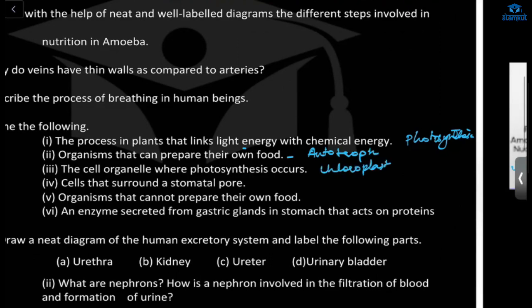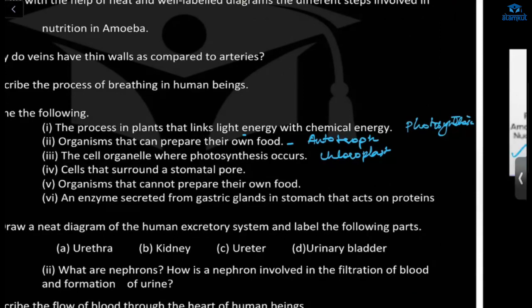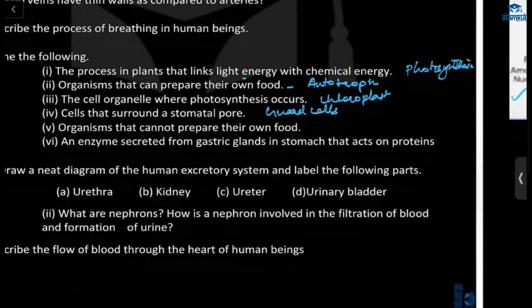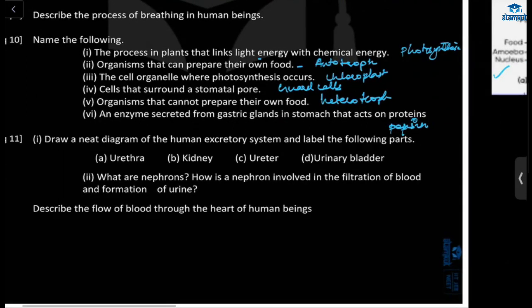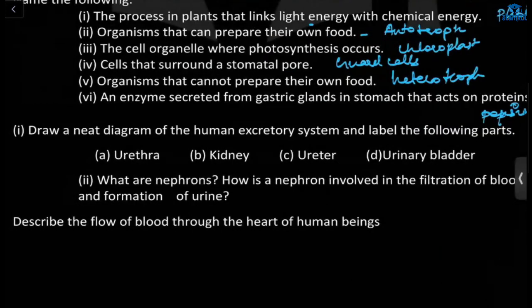Chloroplast. Cells that surround a stomatal pore. What is that? Guard cell. Okay. Organism that cannot prepare their own food. Heterotrophs. Enzyme secreted from gastric gland in stomach that acts on protein. What is that? Pepsin.